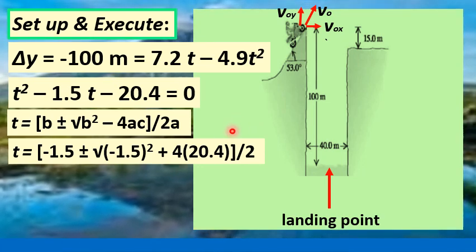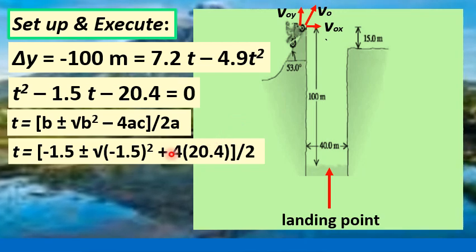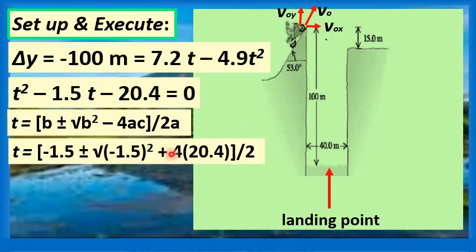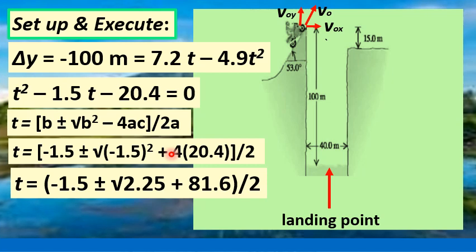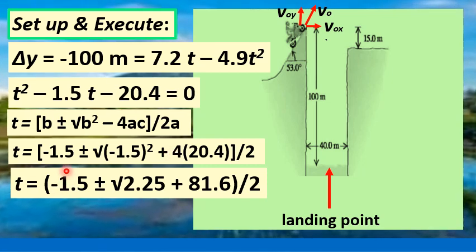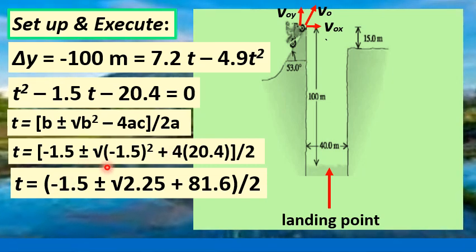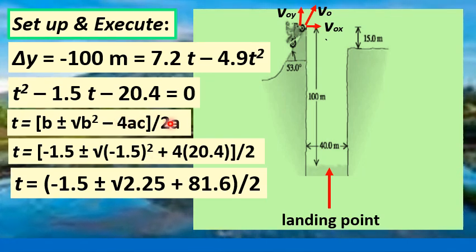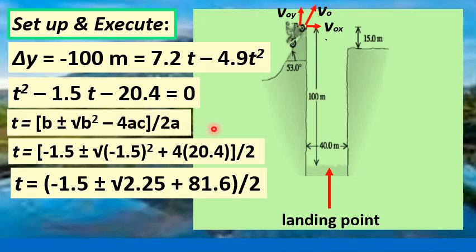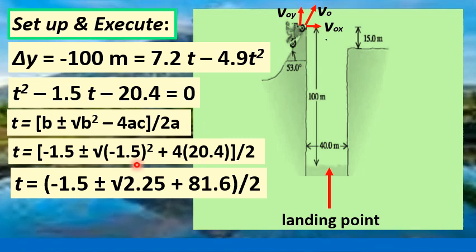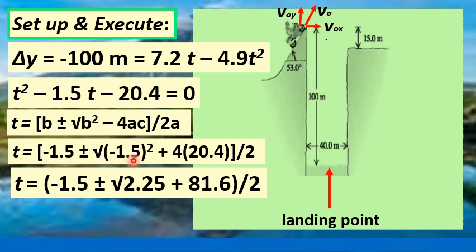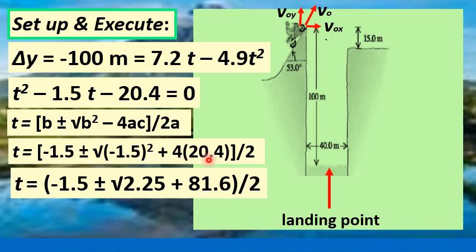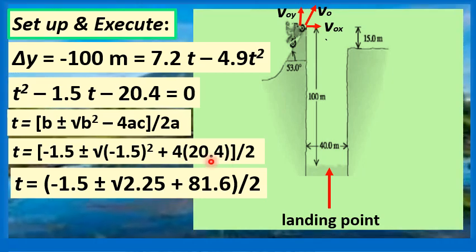So that's just divided by 2. Simplifying, this is what we will get: negative 1.5 plus minus the square root of, after getting the square and multiplying 4 by 20.4, positive 2.25 plus 81.6.